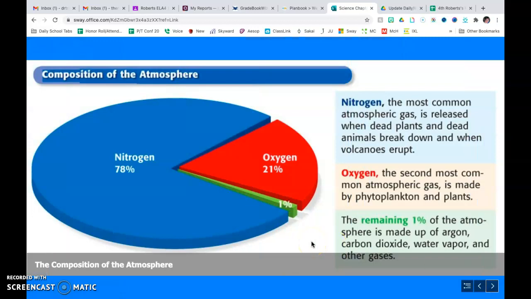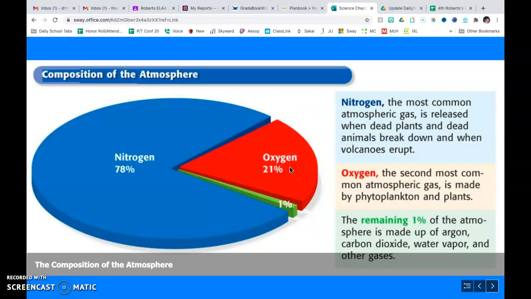So the first objective dealt with composition of the atmosphere. If you'll take a look at this pie graph, nitrogen is the most common atmospheric gas at 78%, and it's released when dead plants and animals break down, or also when volcanoes erupt. Oxygen is our second most common atmospheric gas at 21%.